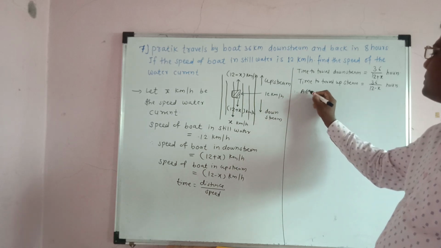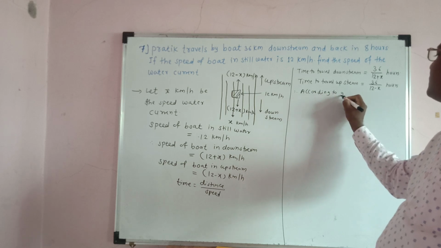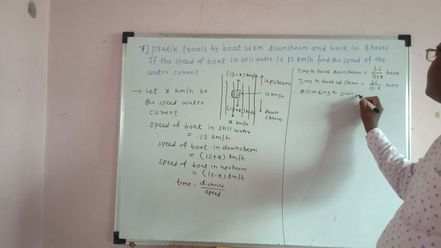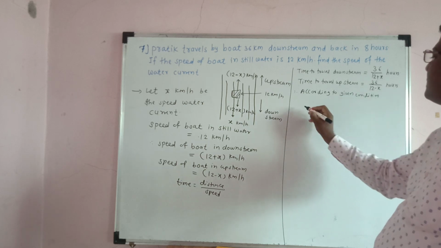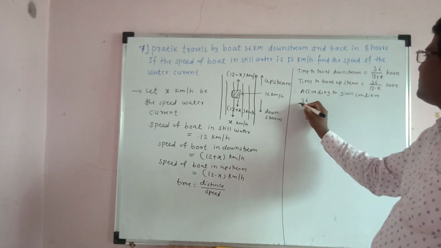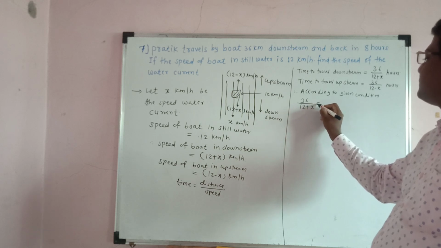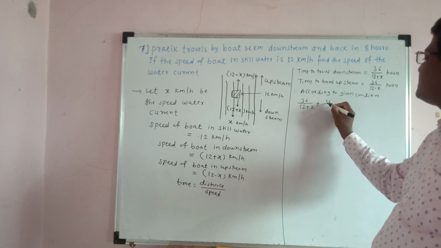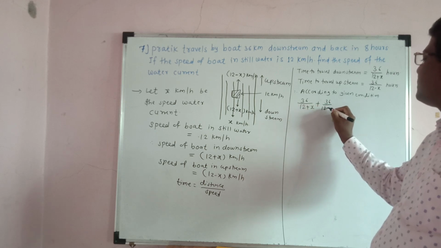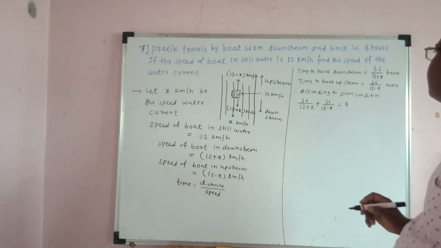Therefore, according to given condition, 36 upon 12 plus x plus 36 upon 12 minus x is equal to 8 hours, the total time.